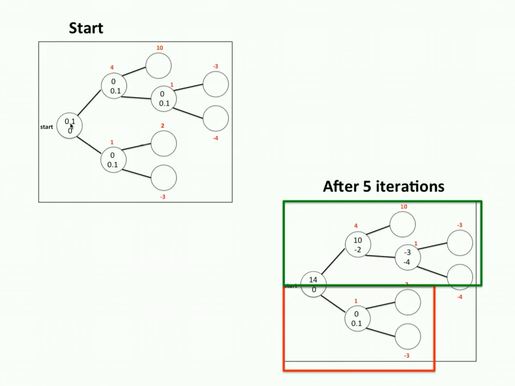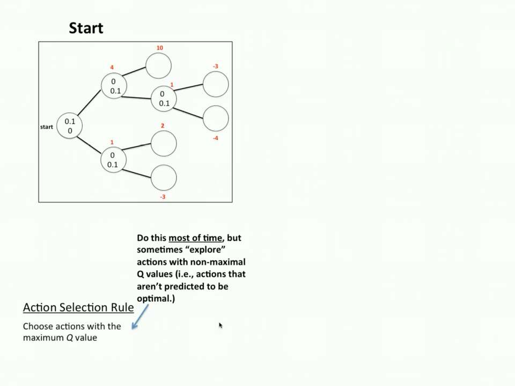The agent started out with a bias of going up, and that tendency to go up from the start node was never changed given the kind of learning that occurred over here. And so we need to change the rule that we follow just slightly. Our current rule is choose actions with the maximum Q value. But let's say we did this instead.